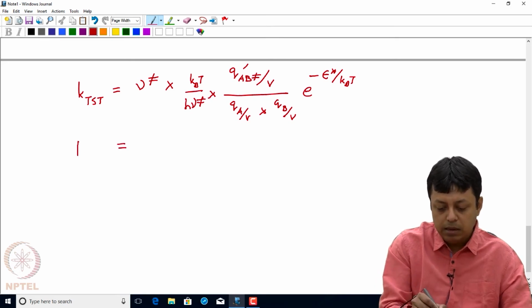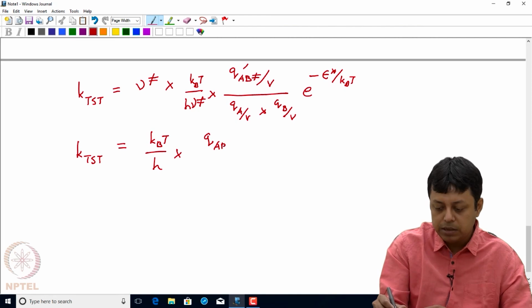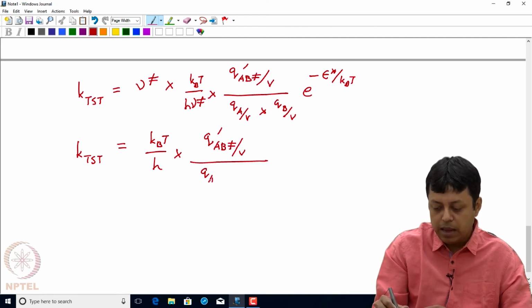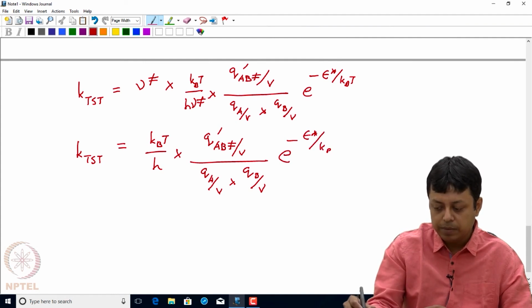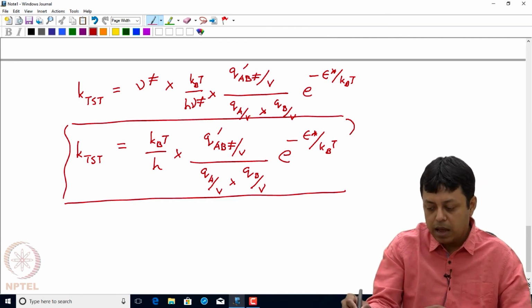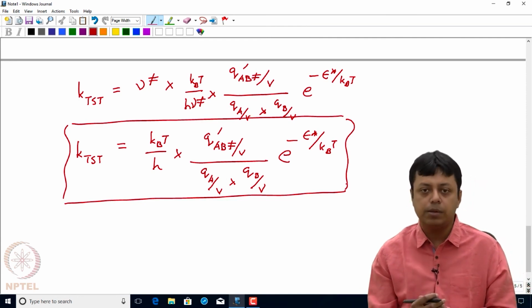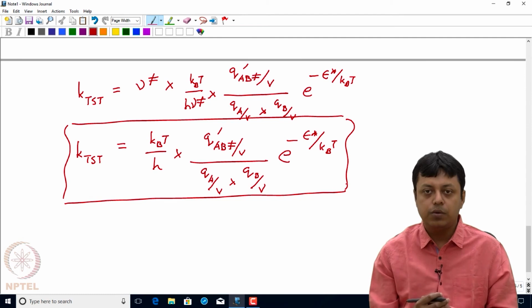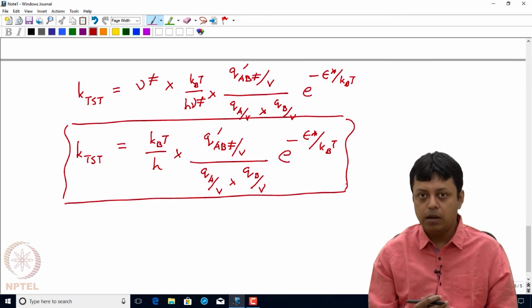As you can see, the nu dagger will now get cancelled out, and what will be left is the famous Eyring equation, which is kBT by h into q AB dagger divided by V, over q A by V into q B by V, into e to the power minus E star by kBT. So this is the expression for the transition state rate constant, and right now it has no similarity with the rate constant which we got from collision theory.